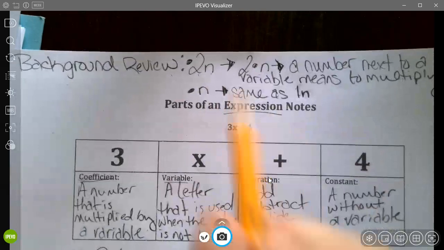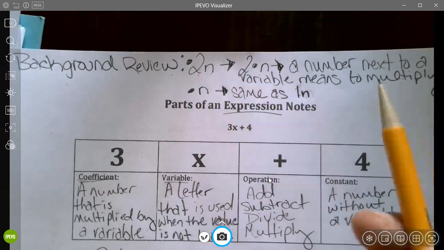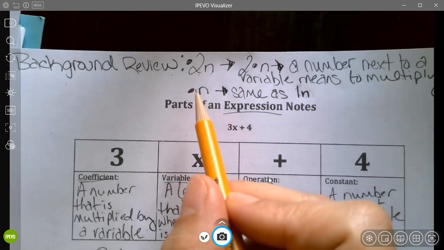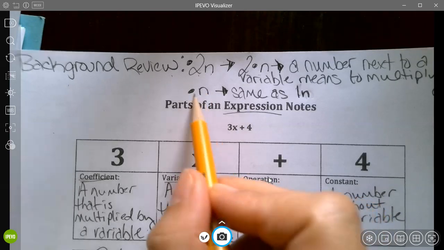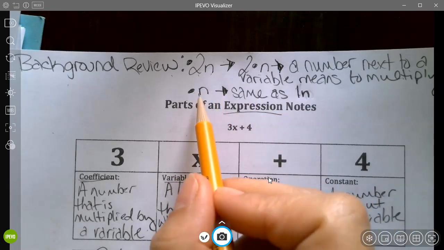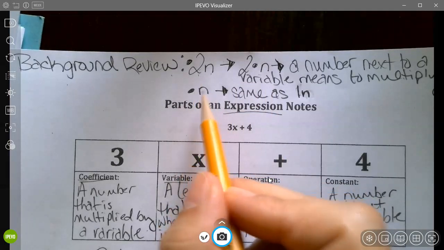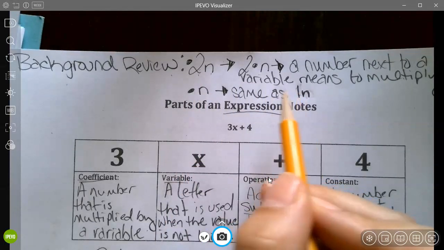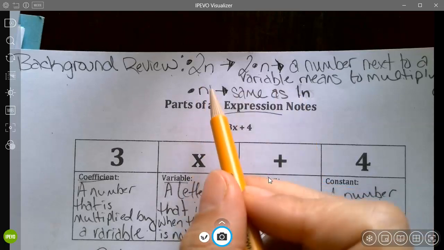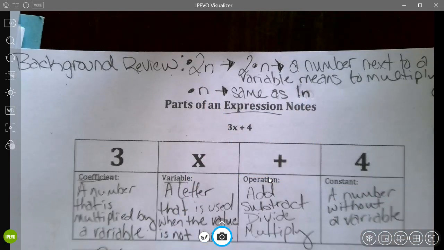So this is 2n. Also, when you have a variable, a letter just by itself, what number's in front of it? Well, if there's not a number, it means there's a 1 in front of it. There's one of those.